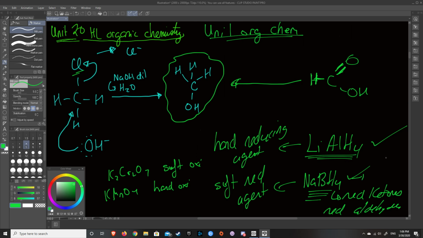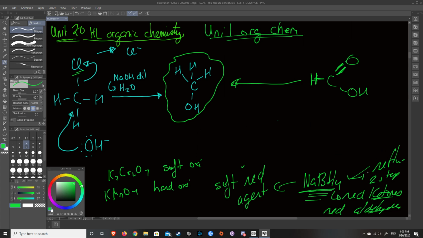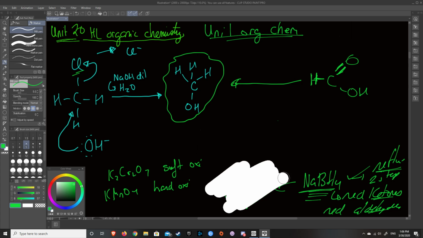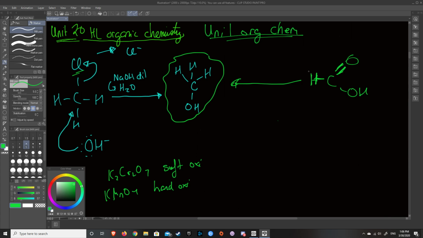We can, but again, we need reflux, we need 2 steps. So it's worse. We want to use this mainly for ketones to alcohols and aldehydes to alcohols, where we want to use lithium aluminium hydride if we want to reduce a carboxylic acid all the way down to an alcohol, because it was a hard reducing agent. So sodium borohydride was 2 steps, and we needed the reflux, so we need more time. And the lithium aluminium hydride was 1 step, and it was just a faster reducing agent.